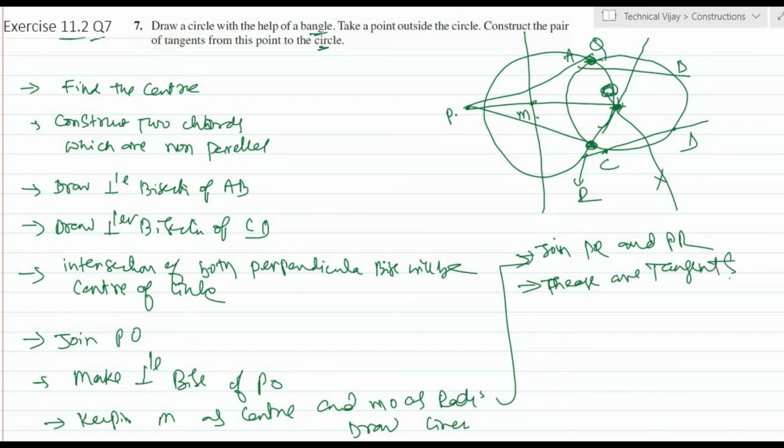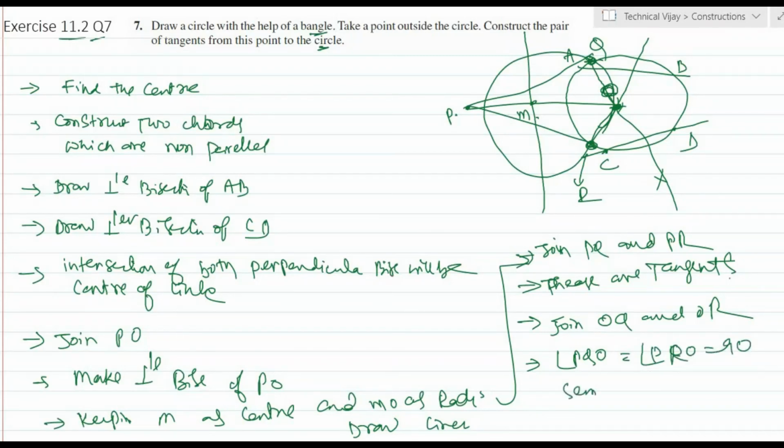How to prove these are tangents? Join OQ and OR. After that, angle PQO is equal to angle PRO, which is 90 degrees, because the angles are in a semicircle.